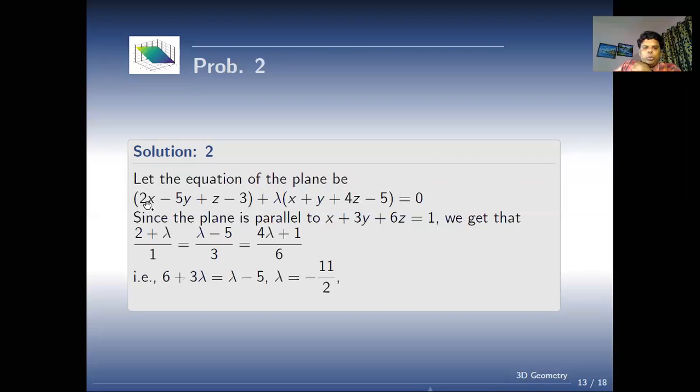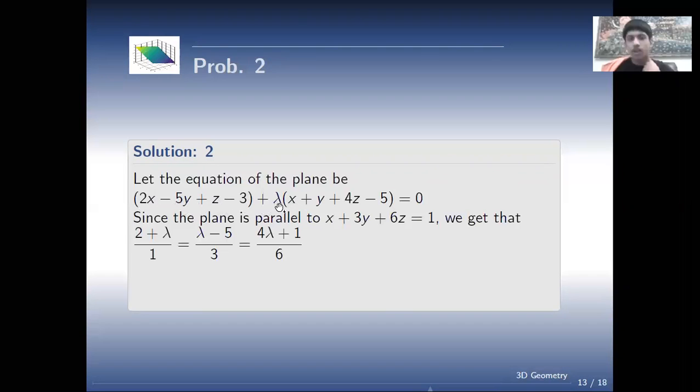Here is 2x, here is lambda x, so (2 plus lambda) divided by 1, the coefficient of x here, should be equal to (lambda minus 5) divided by the coefficient of y here, which is 3, and that should be equal to (4 lambda plus 1) divided by the coefficient of z here, which is 6. These should be equal, right?